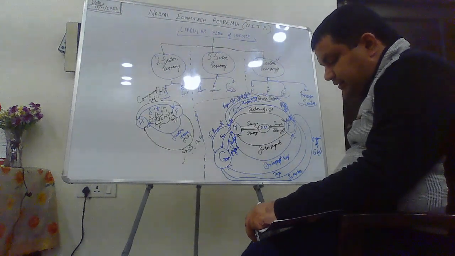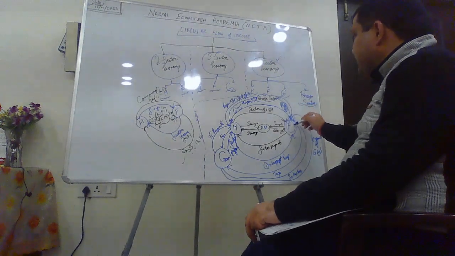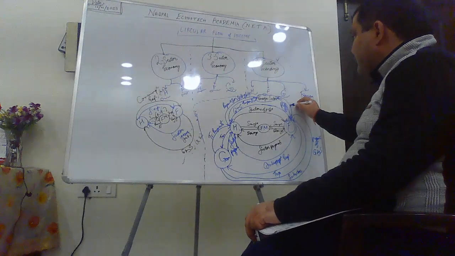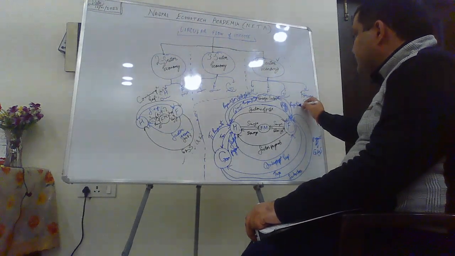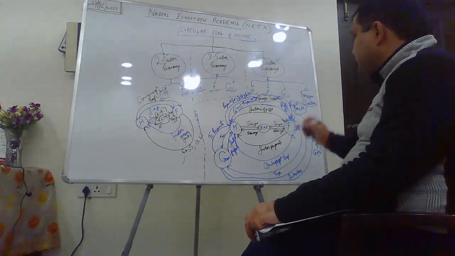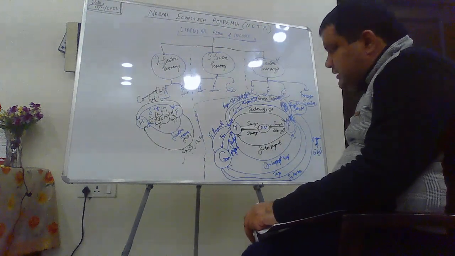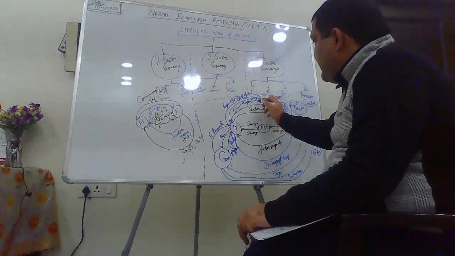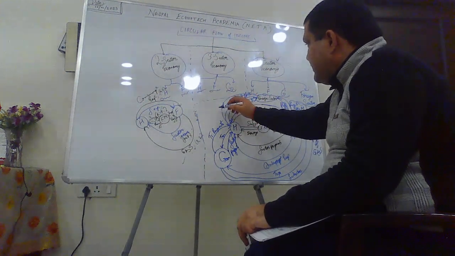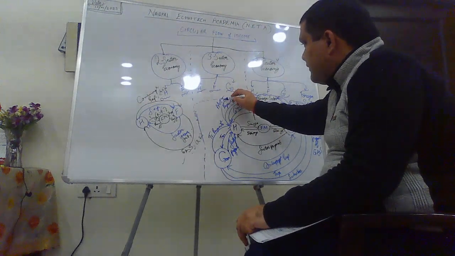And also for the imports made by the firm sector from the foreign sector, it has to make some payments to the foreign sector, and that will be the payment for imports. And another flow is actually the net transfer payments from the foreign sector to the household sector.